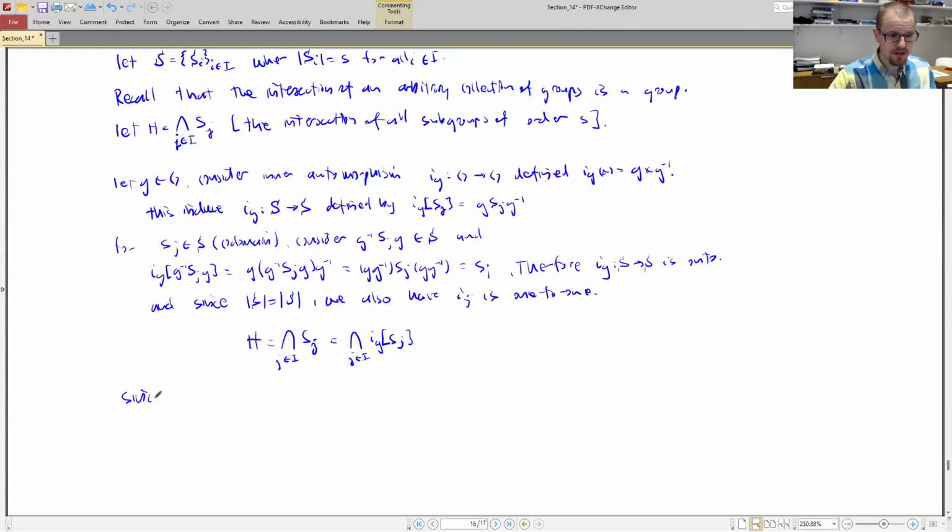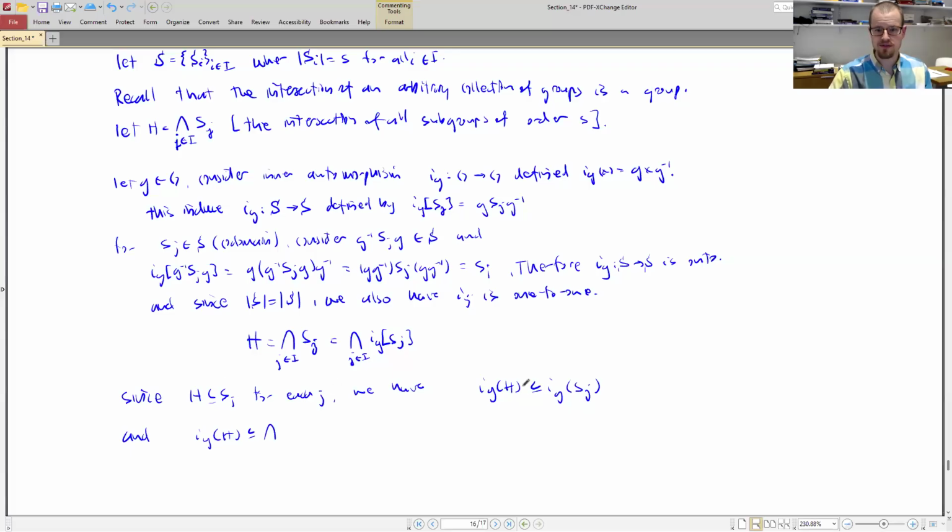And since by its original definition, H is a subset of S_j for each j, we have I_g of H is a subset of I_g of S_j, and I_g of H is a subset of the intersection. All right, so H is a subset of that.